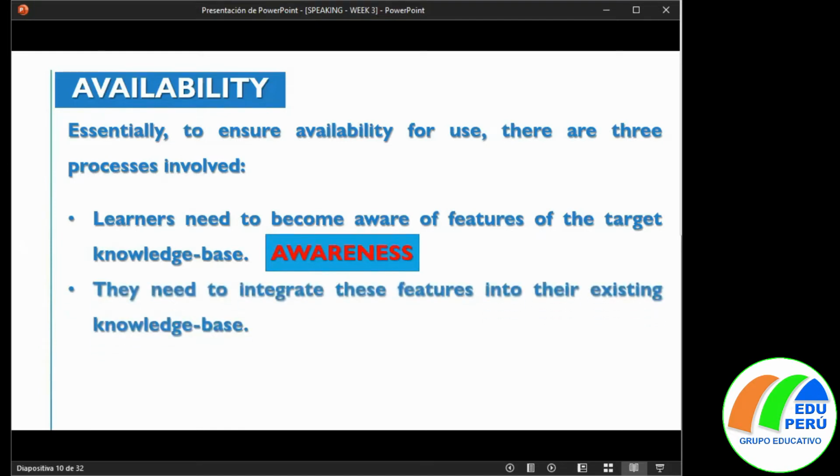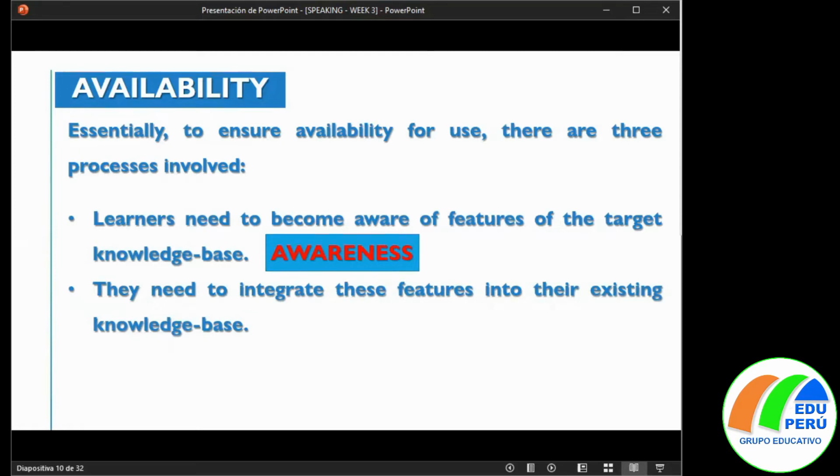The second one is this. Now that they are conscious about these features, these characteristics, they need to integrate these features into their existing knowledge base.